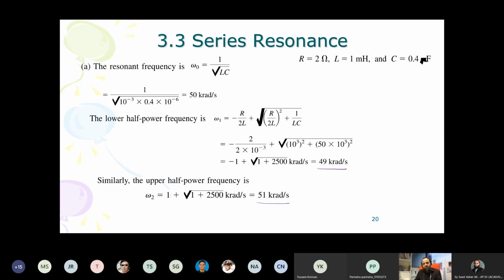What do you say about these frequencies? Do we expect a high quality circuit or not? High quality, because they're equidistant from omega naught, 50 kiloradian, 49 and 51. So they are high quality because they seem to be symmetric. Very good.